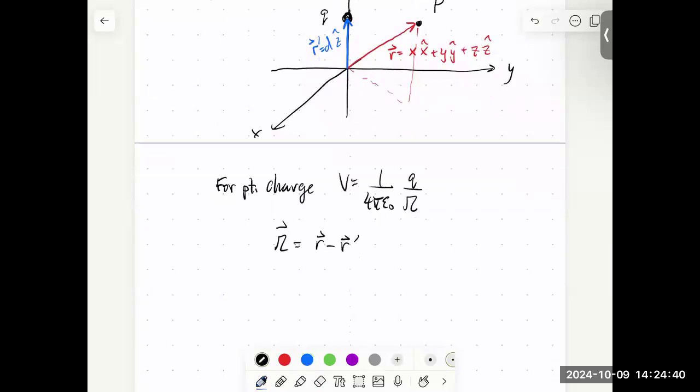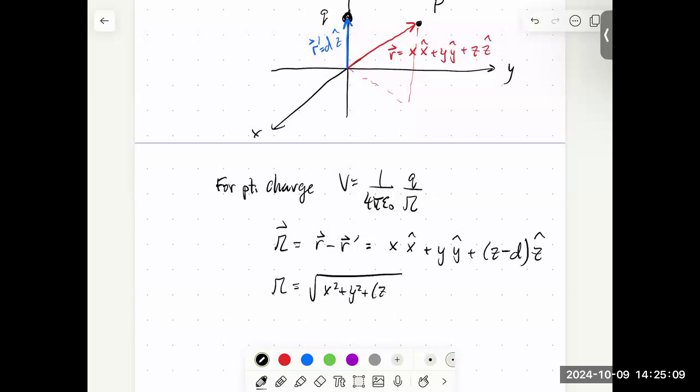That means the script R we need is x x hat plus y y hat plus (z minus d) z hat, the difference of R and R prime. The magnitude of script R is the square root of x squared plus y squared plus (z minus d) squared. This is for the positive charge.